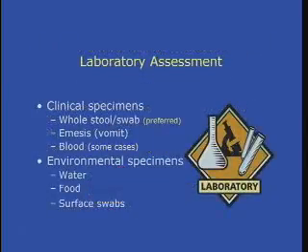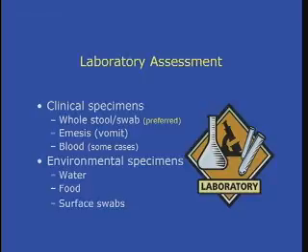Laboratory assessment. During the laboratory assessment, either clinical specimens or environmental specimens are collected in an effort to identify what the causal pathogen is. Clinical specimens that are generally collected include either whole stool or swab. This is the preferred method for identifying pathogens in clinical specimens.